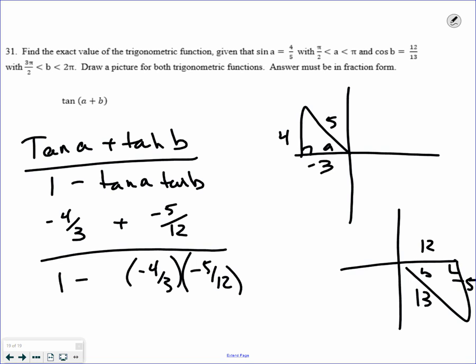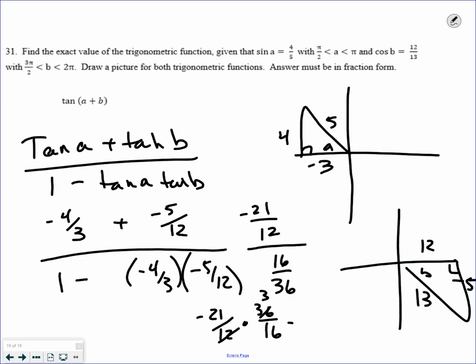Adding the top, you get negative 21/12. Adding the bottom, you get 16/36. And so now, negative 21/12 multiplied by the reciprocal cancels. I'm left with negative 63/16.